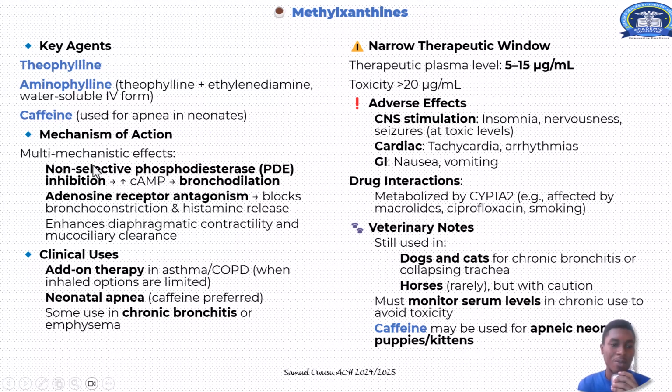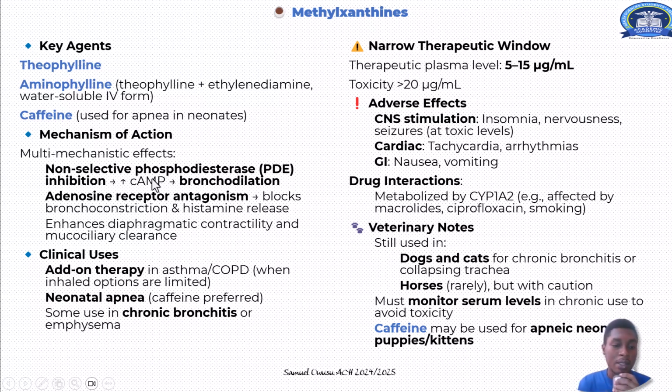They have multi-mechanistic effects in that they are non-selective phosphodiesterase inhibitors. And when the adenosine receptors are blocked, they tend to cause bronchoconstriction and release histamine. And so we want to give these agents that would increase the levels of cyclic AMP.